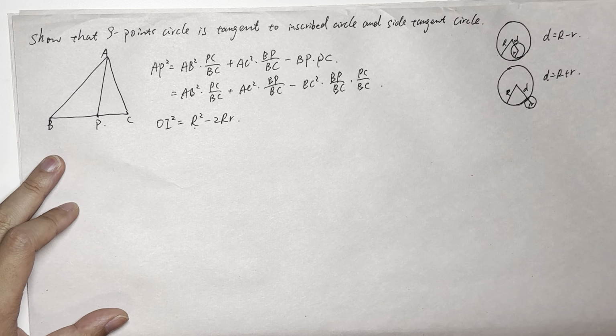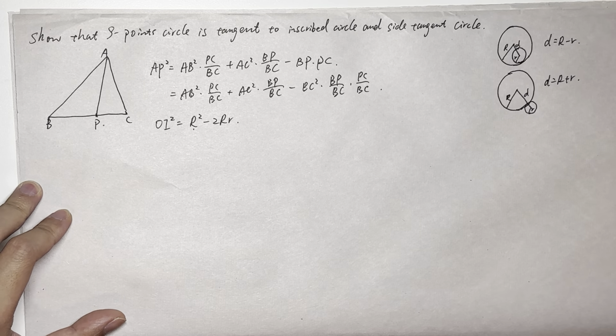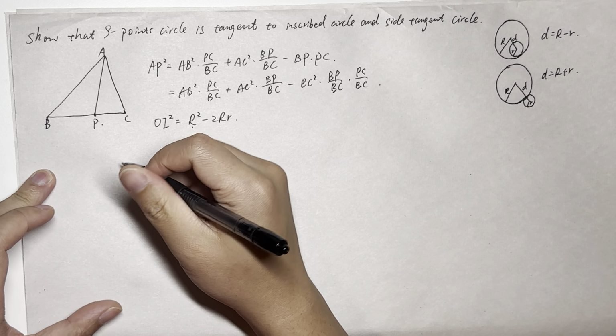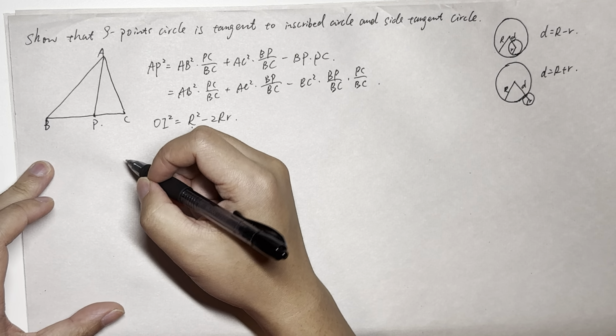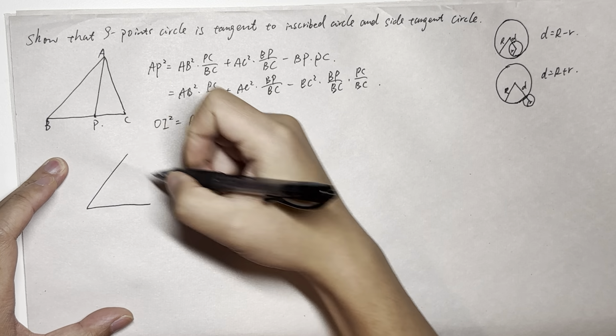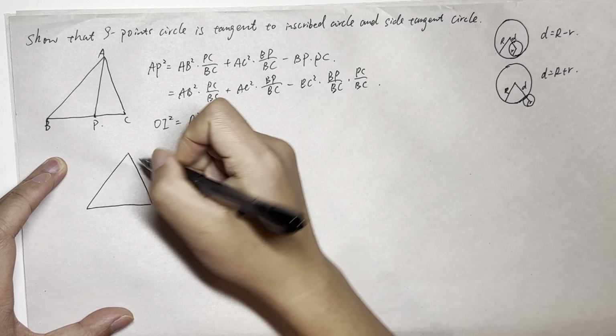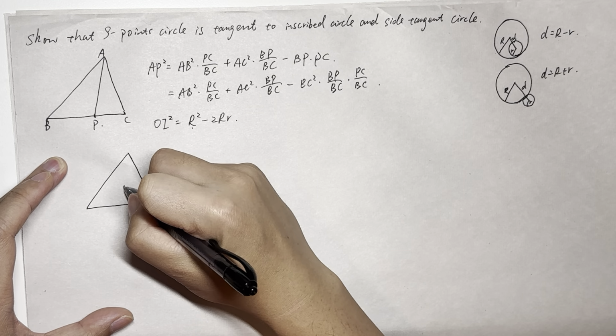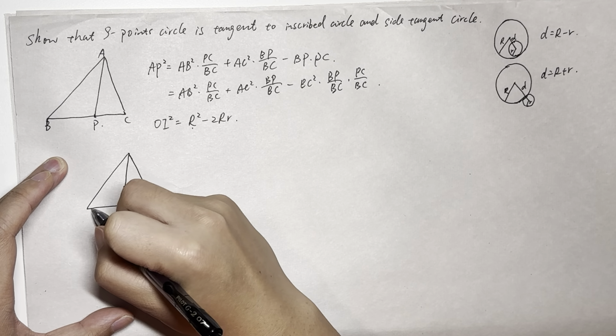So basically, we find the general expression on the plane, right? Let me just draw it here.